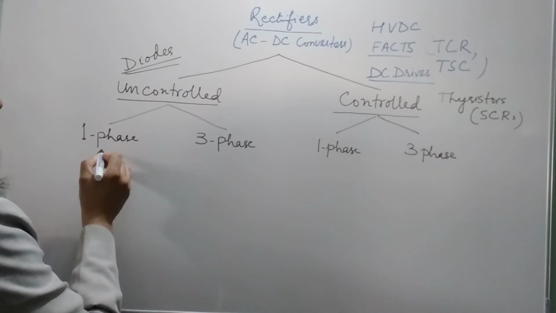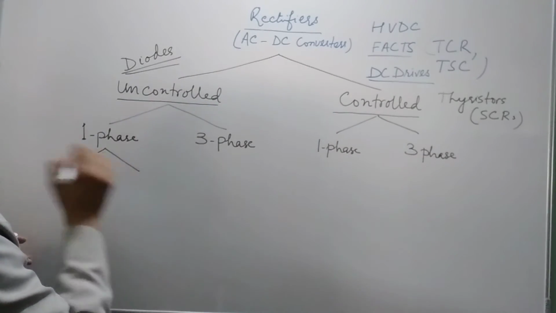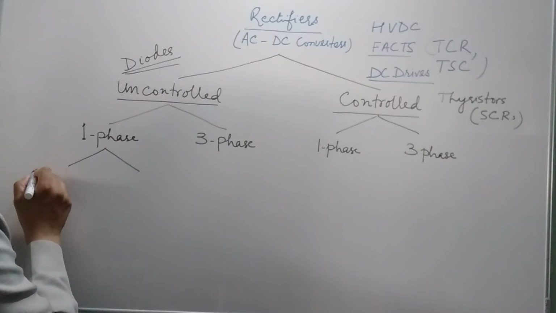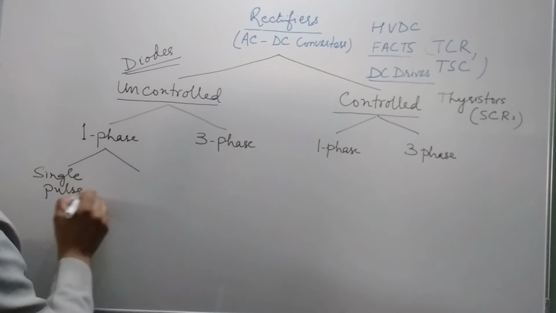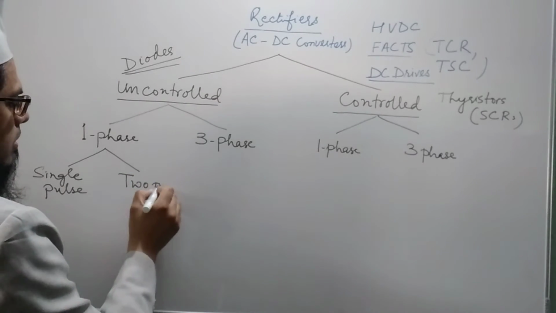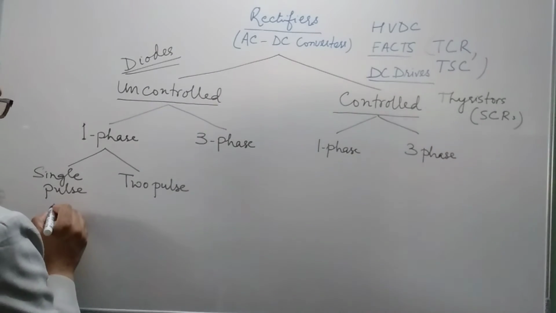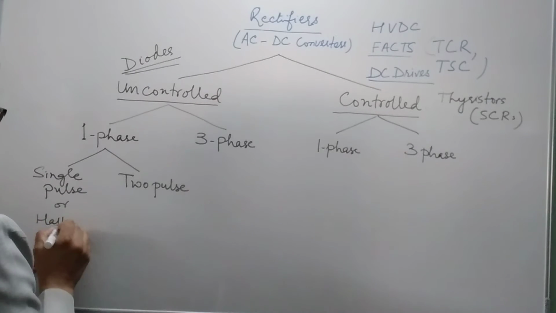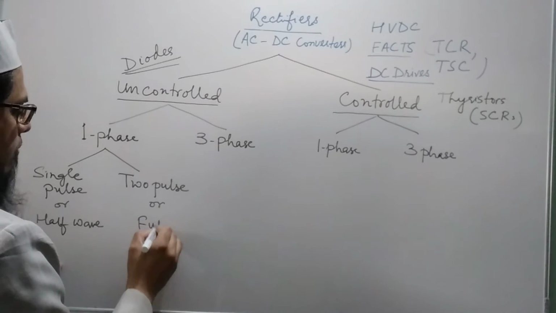Again, each of these single phase and three phase rectifiers can be further classified as single pulse or two pulse. Single pulse is also called half wave, and two pulse is also called full wave rectifier.